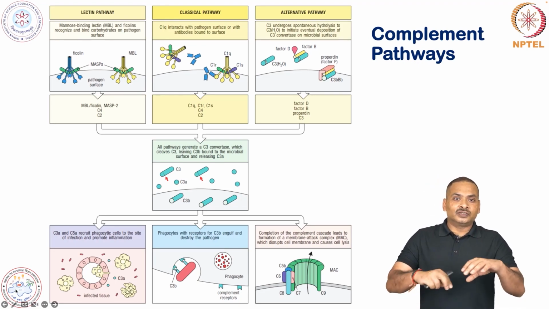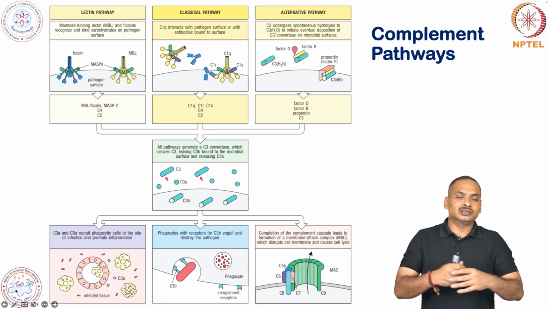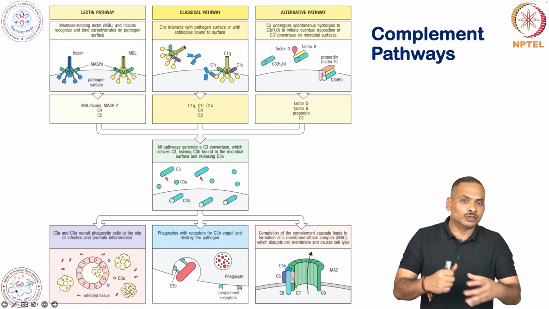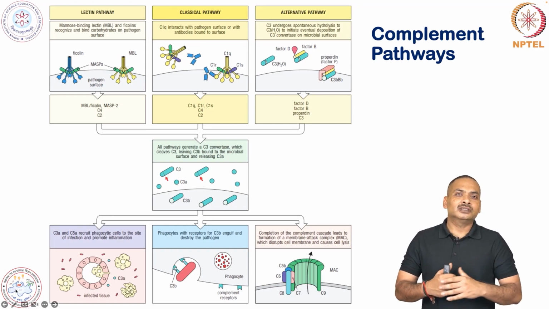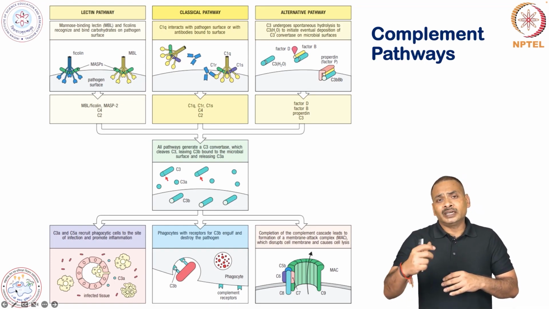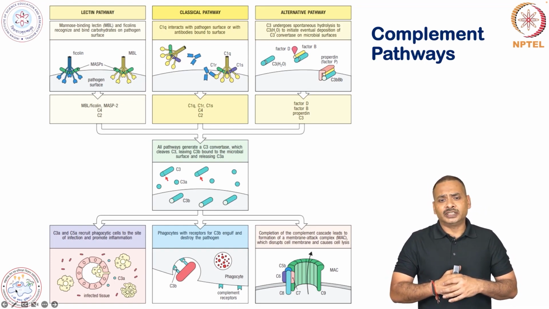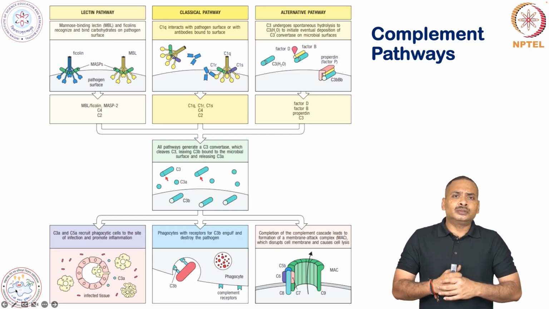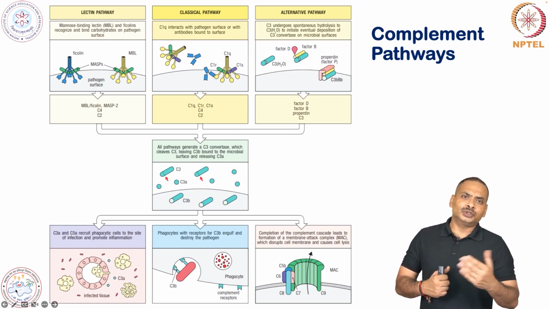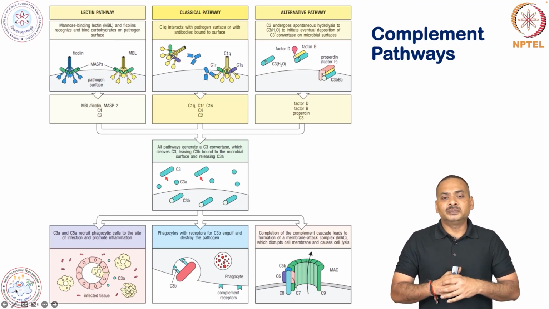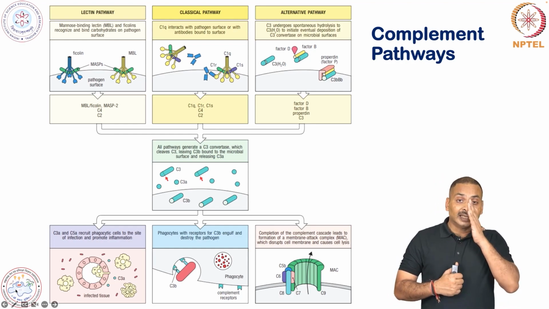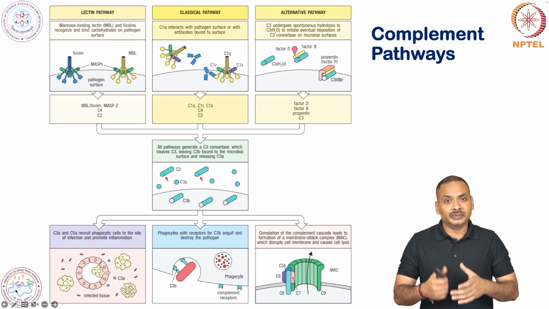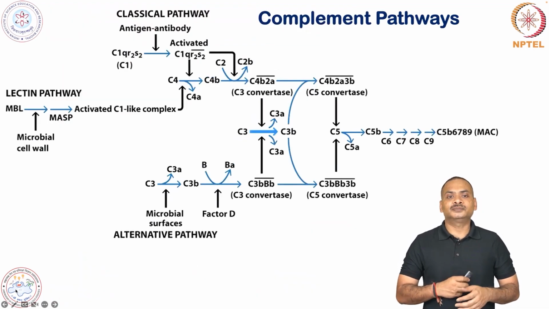Opsonization is the process of coating the target microbial pathogen with C3b, after which it is phagocytosed. The third outcome, which I showed you in the previous slide, is the formation of the membrane attack complex, which makes a pore in the target cells.